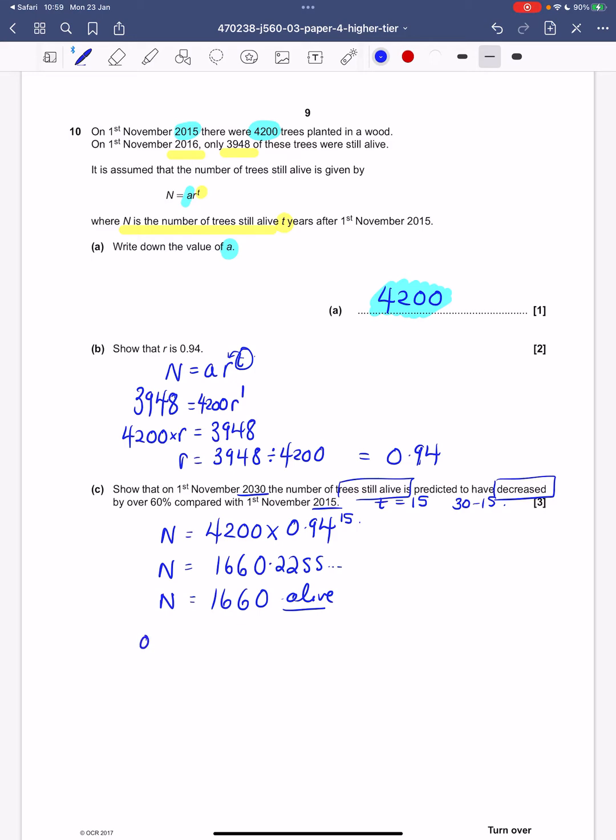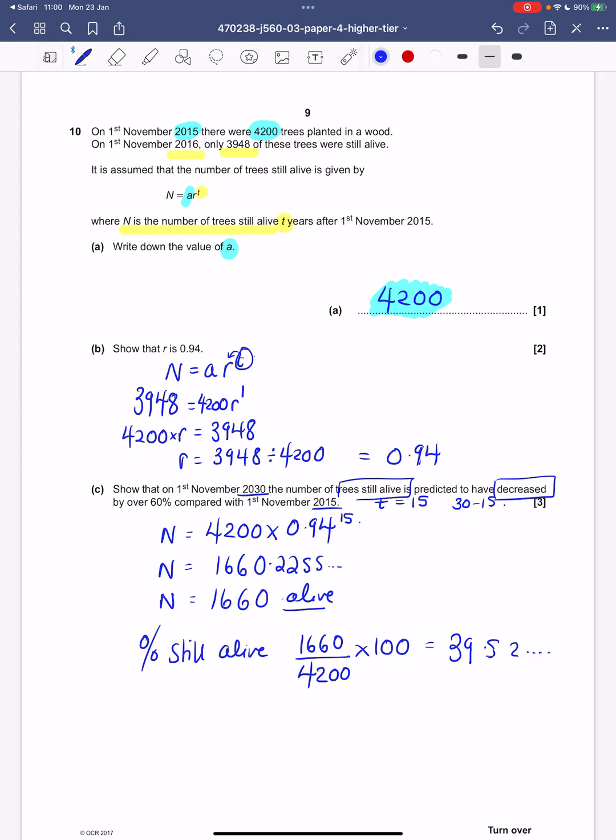So if we work out the percent still alive, it's 1660 divided by the original, which is 4,200, times 100. So 1660 divided by 4200 times 100 is 39.52, etc., etc. That's the percent still alive.